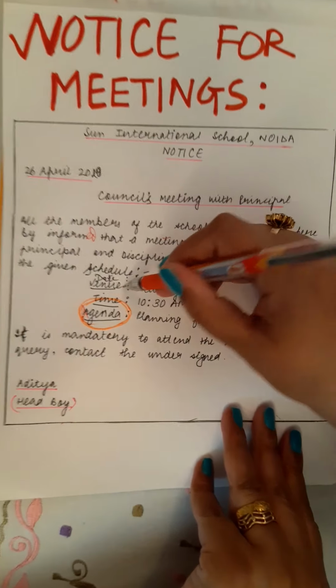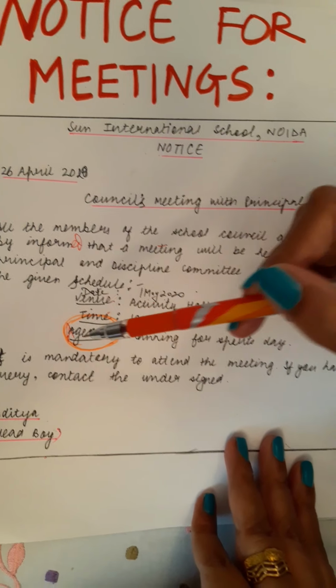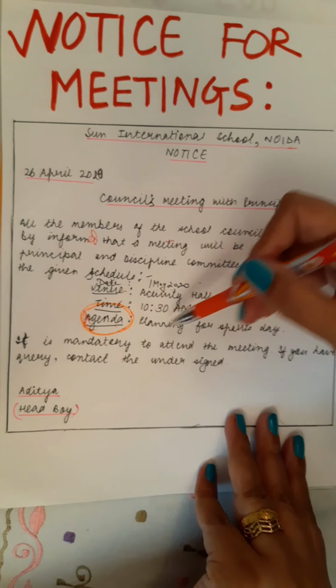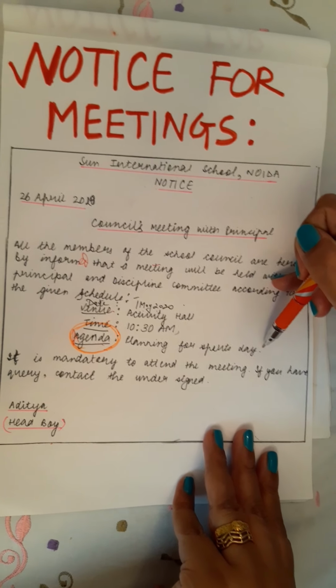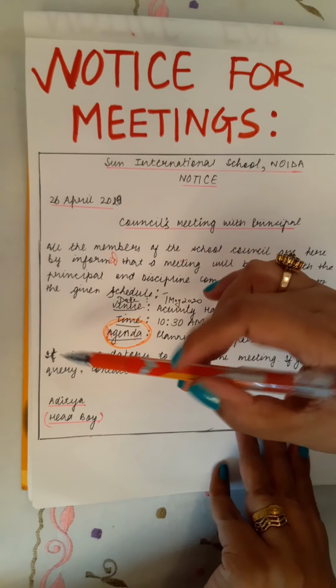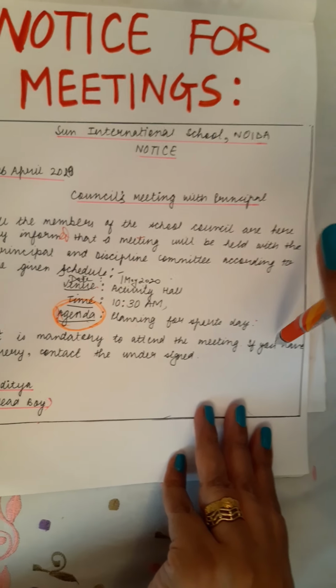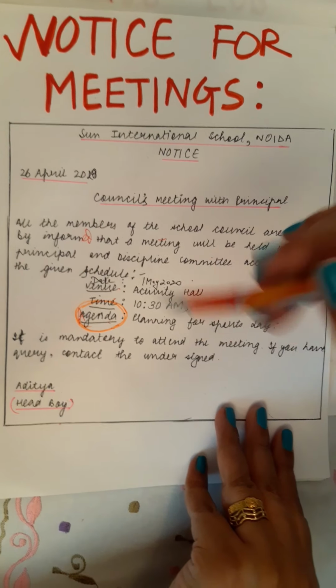Date, venue, timings, and last is agenda. So what is the purpose? The purpose here is planning for sports day. So it is mandatory to attend the meeting. If you have a query, contact the undersigned.